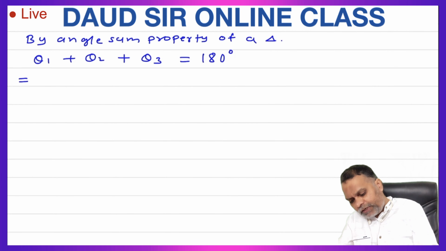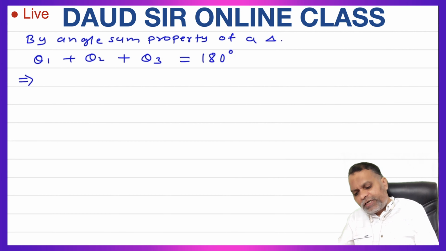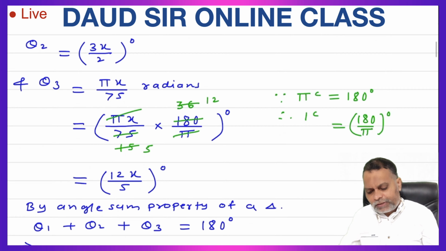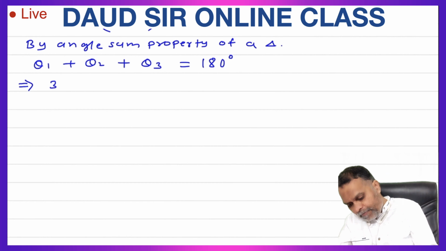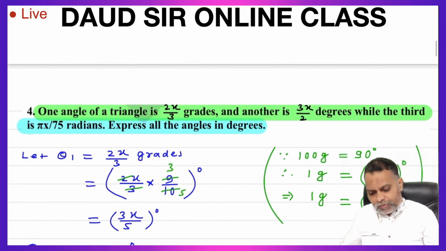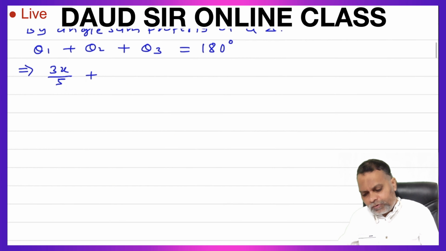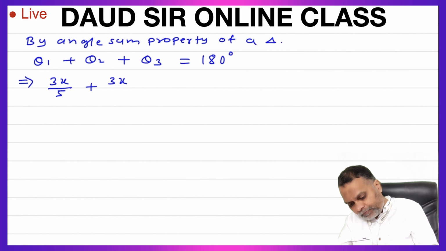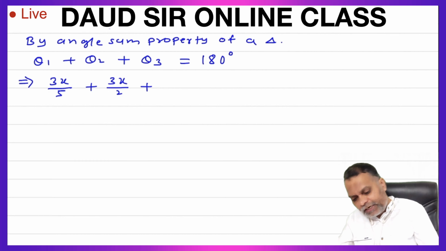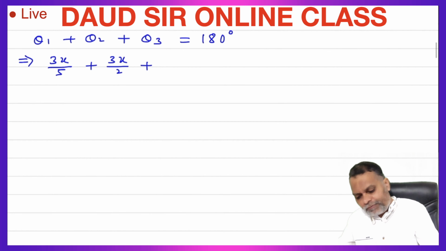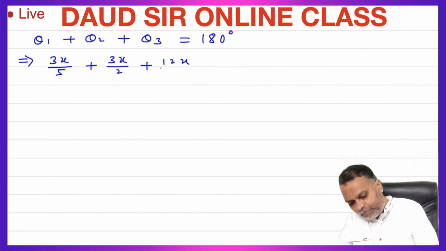Substitute the values of theta 1, theta 2, theta 3 here. Theta 1, 3x upon 5, plus theta 2, 3x upon 2, plus theta 3, 12x upon 5, all these in degrees, is equal to 180. Calculate the value of x from here.